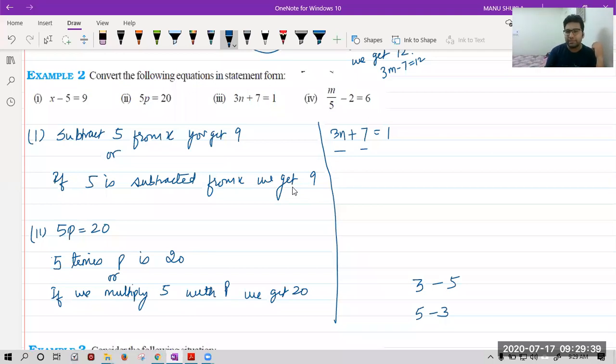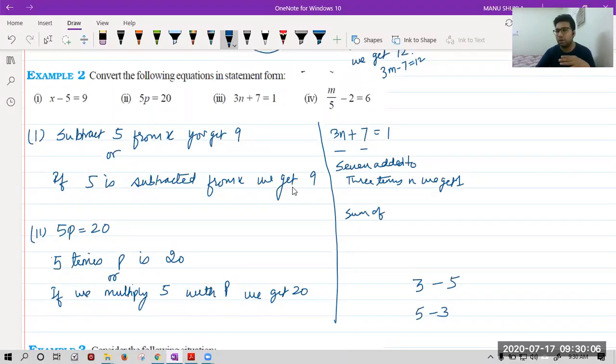So you can write like this, 7 added to 3 times n, we get 1. Or you can write the sum of 3 times n and 7 is 1. Very good. Also an easy statement.